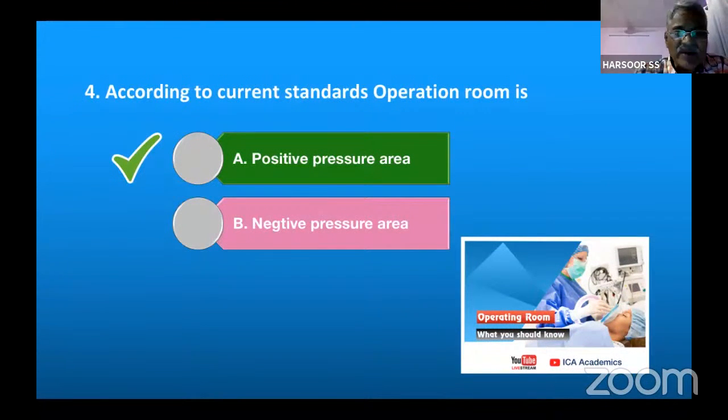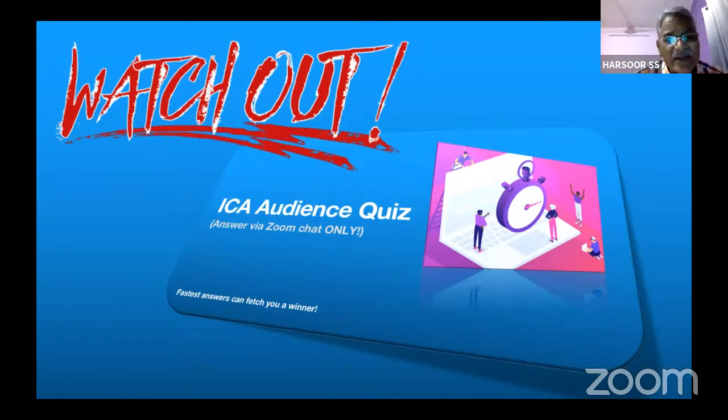During the COVID pandemic, we did discuss the negative pressure area, but otherwise it is normally the positive pressure area. All operation theaters are positive pressure areas. That's how the laminar airflow functions. These are some of the questions, and those who did not answer correctly, we will listen to him on what exactly it is. Dr. Sanish, to play the recorded version of this.